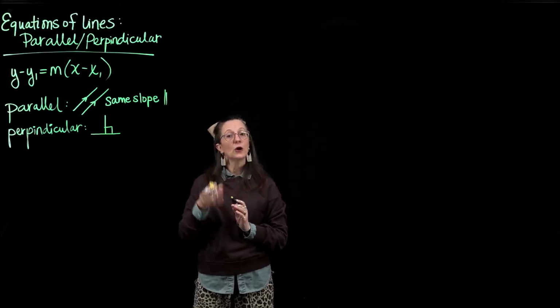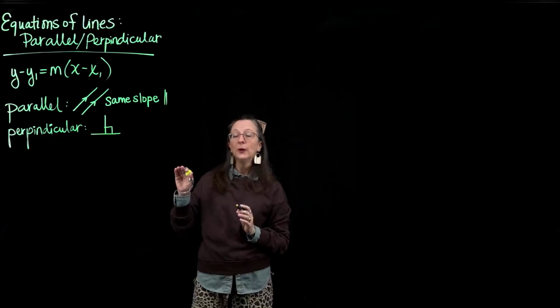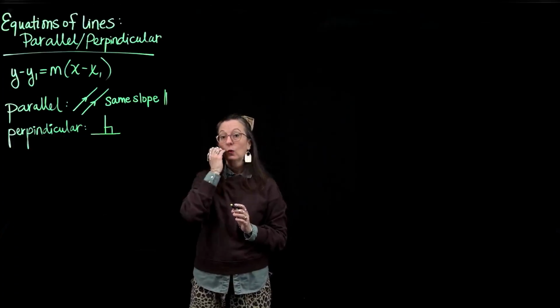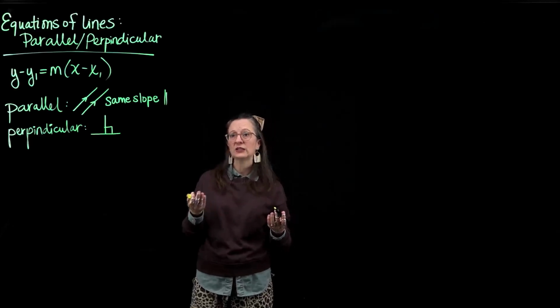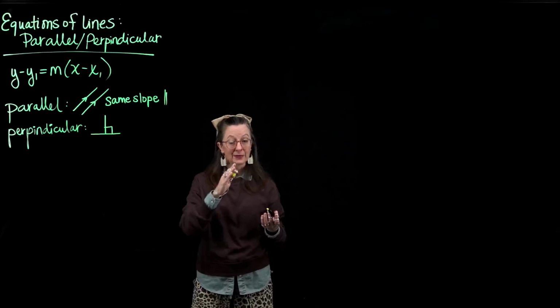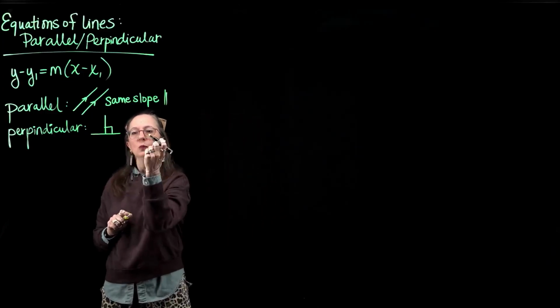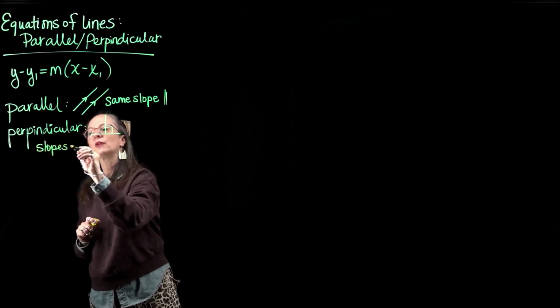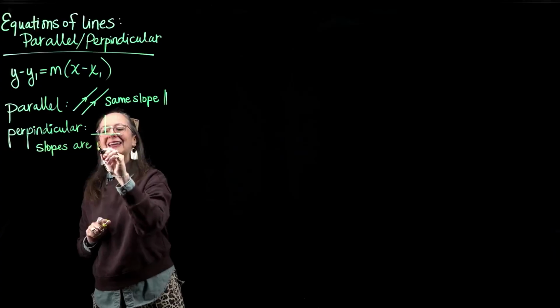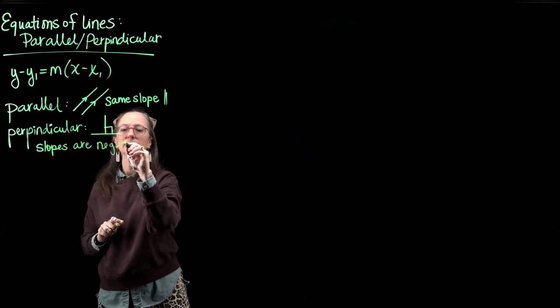And for our college algebra purposes, perpendicular lines, when you multiply their slopes, you get 1. Actually, -1. We think of these as slopes that are negative reciprocals.